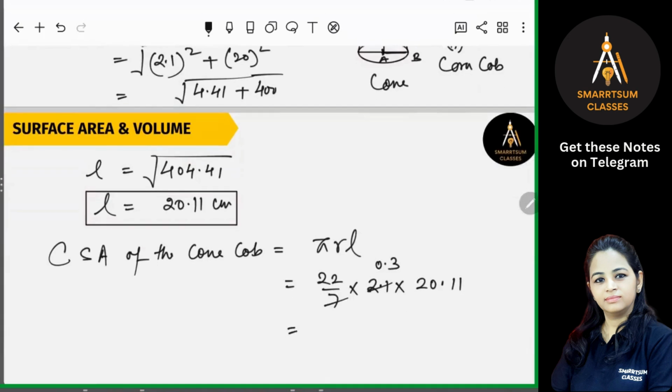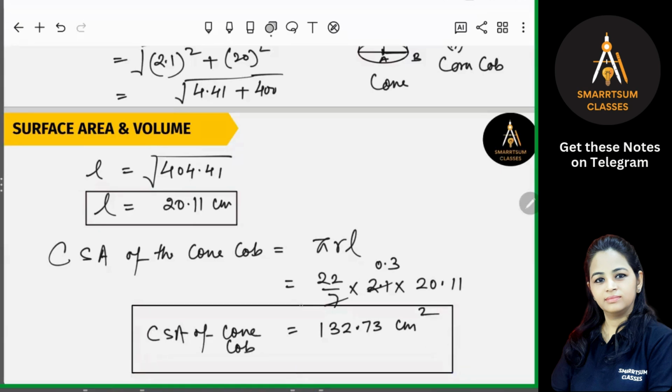Now multiply all these: 20.11 and 22 into 0.3. So this is approximately 132.73 centimeter square, right? So this is the curved surface area of the cone. Understood? So what we have found out is the curved surface area.